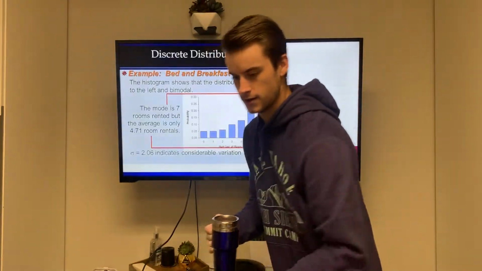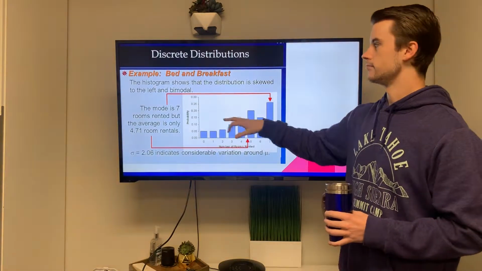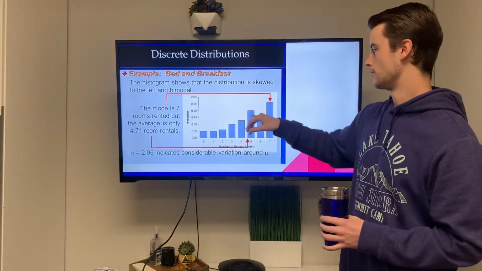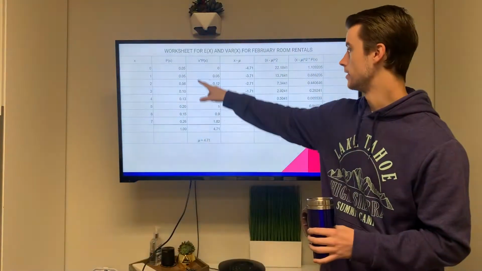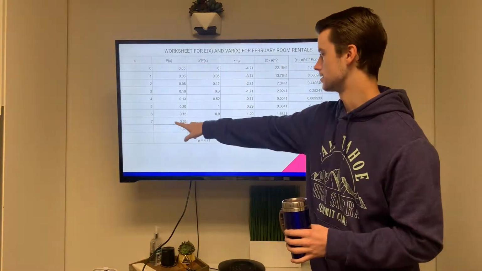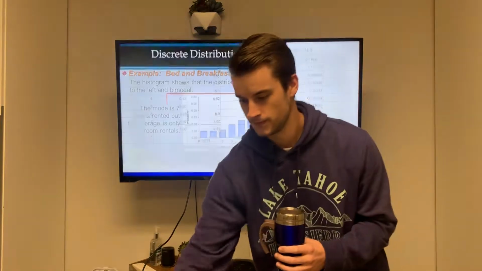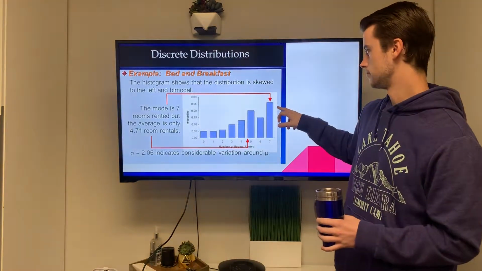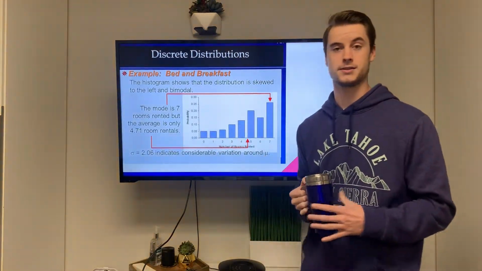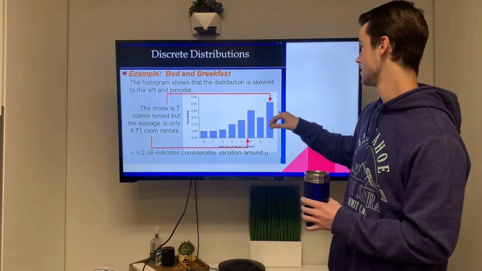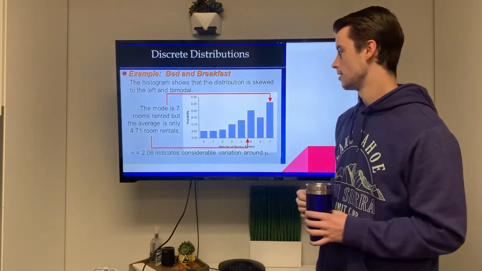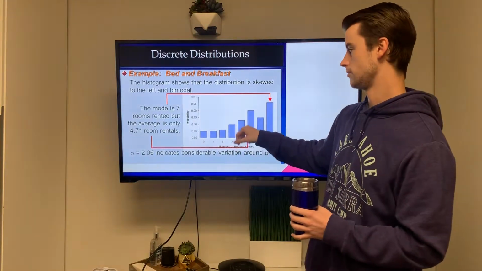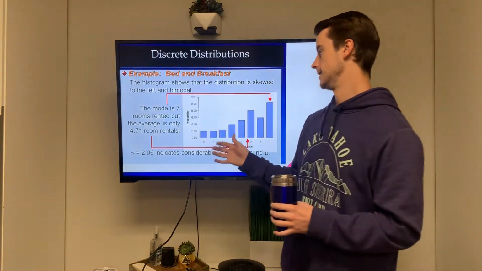In this example, our mode is definitely 7, because the highest probability out of all of these is 7. Maybe it's family reunion time, I don't know, but people definitely rent 7 rooms the most, while the average is only 4.71 room rentals.